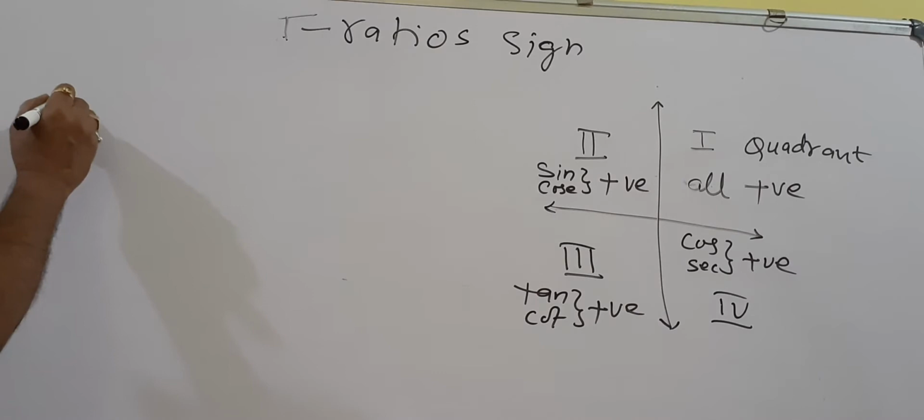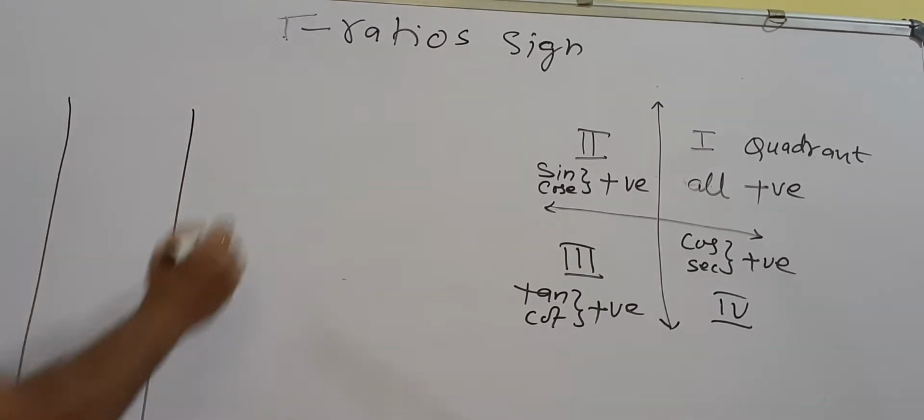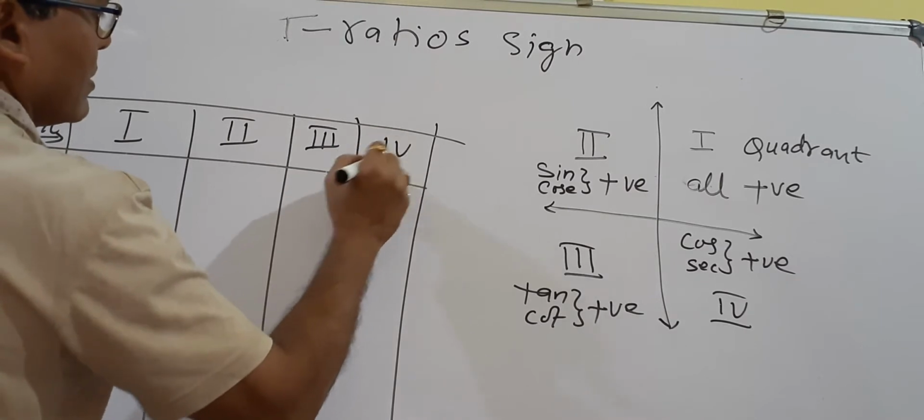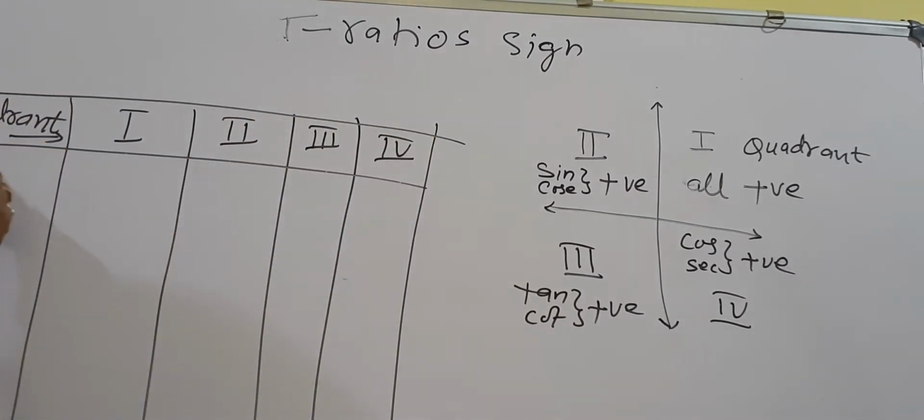So suppose we make a table. These are the quadrants: first, second, third, and fourth. Sine, cos, tan, cot, sec, cosec.